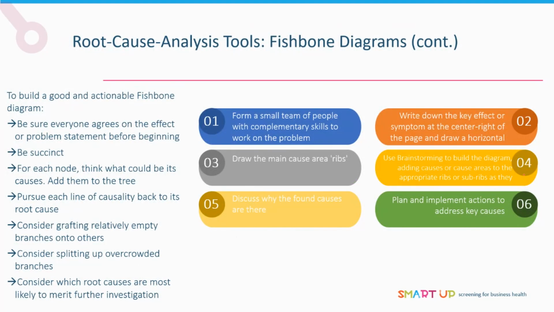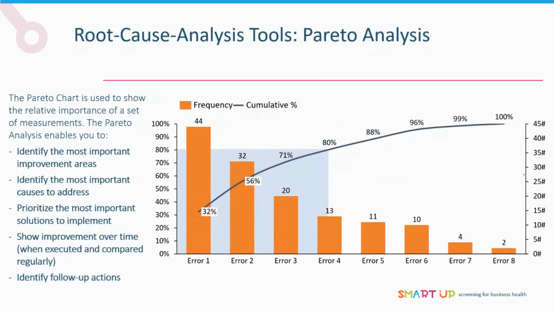From the top reasons, we pick the top 3 to 4 reasons which can cause the problem, and we try to solve them. That is where we use the concept of Pareto analysis. Pareto analysis is based on the Pareto principle, which says 80% of the problem is caused by 20% of the issues.